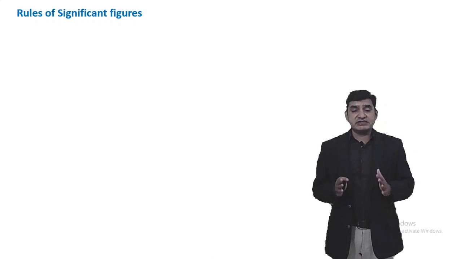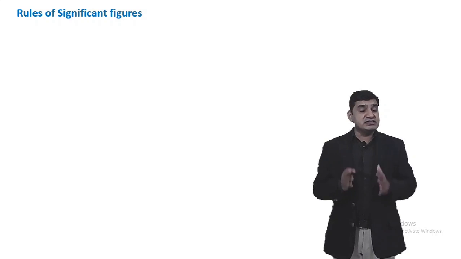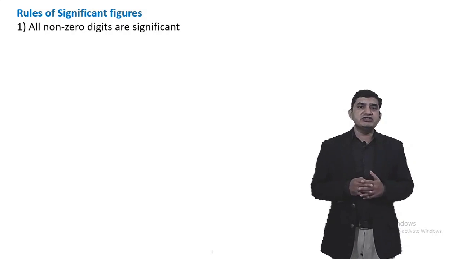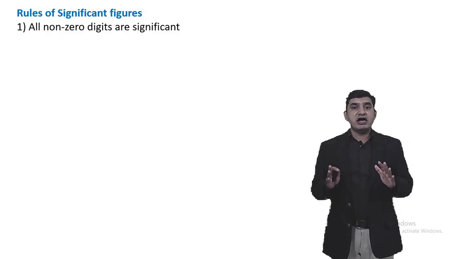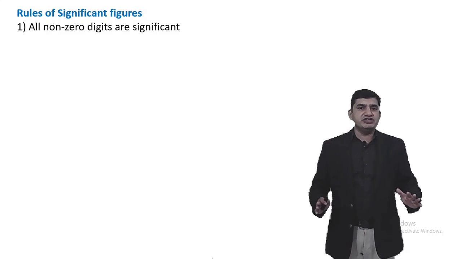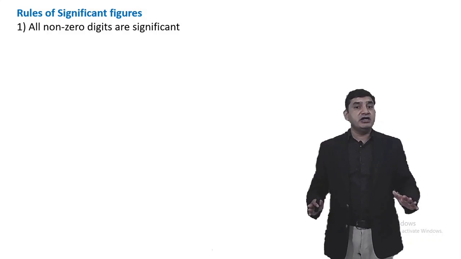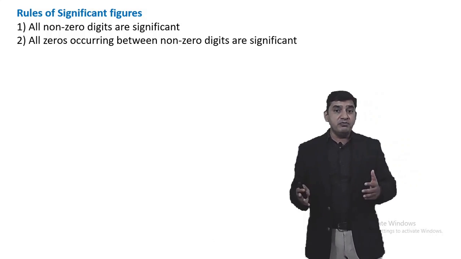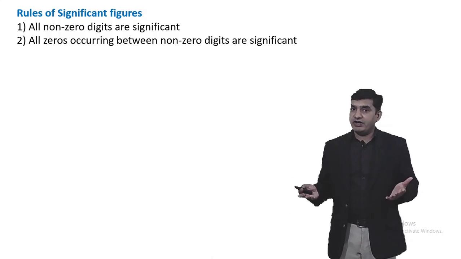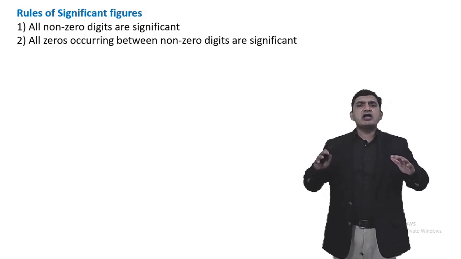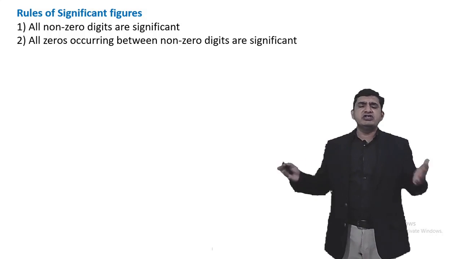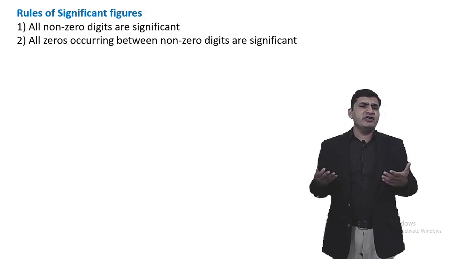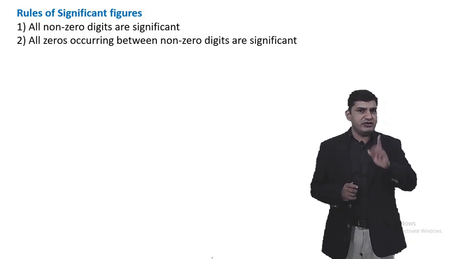Now, the rules of significant figures are very important. While considering the significant figures, all these rules are very important. First, all non-zero digits are significant, or all non-zero digits have significance in a measurement and therefore are considered in a significant figure. Second, all zeros occurring between non-zero digits are significant. If the zeros are occurring in between two non-zero digits, these zeros have significance in a measurement and therefore are considered in a significant figure.